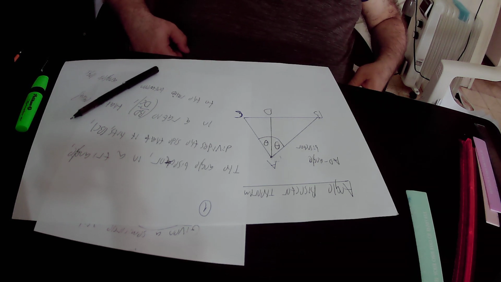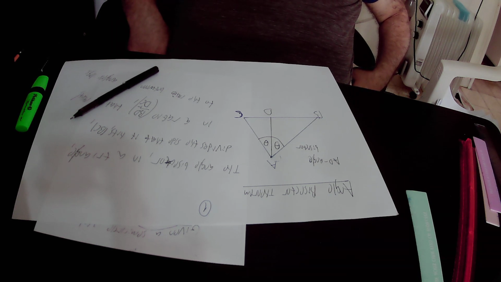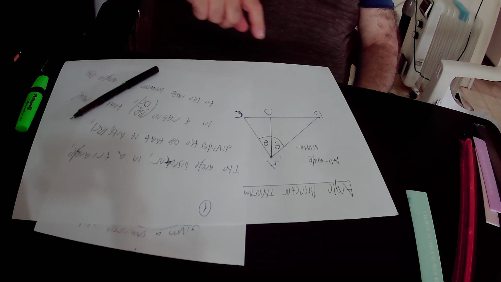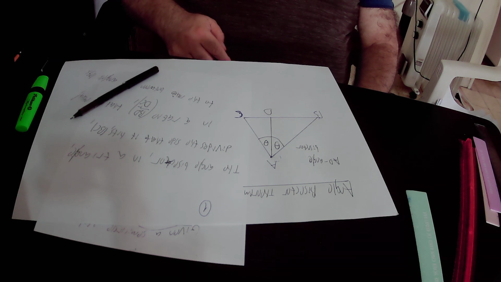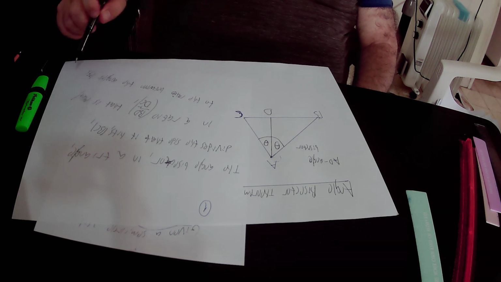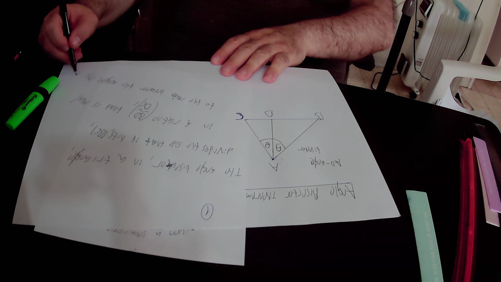The angle that is bisected by angle bisector AD is angle BAC, and angle BAC has two legs, AB and AC. The ratio between those two legs is AB over AC.